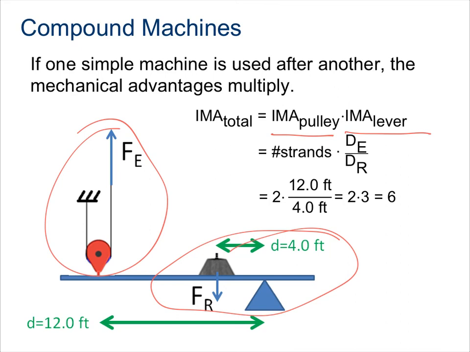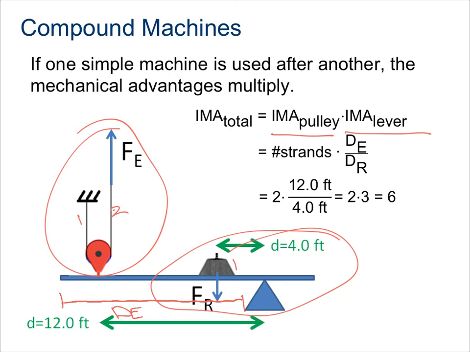So again, for the IMA of the pulley, you're going to count the number of strands opposing the load. It says here that my load is going down, so I have 2 strands that are opposing it. So we have an IMA of 2 for the pulley. In terms of the IMA of the lever, we're going to use the formula distance of my effort, dE, divided by distance of my resistance, dr. In this particular example, the distance of my effort of the lever, dE, is 12 feet.